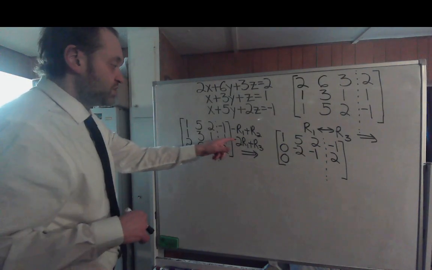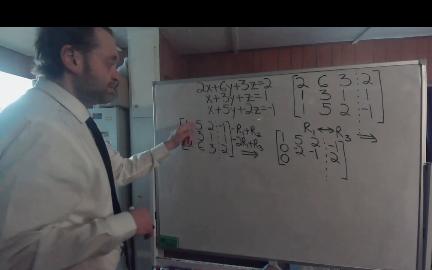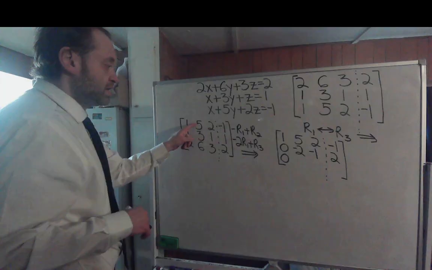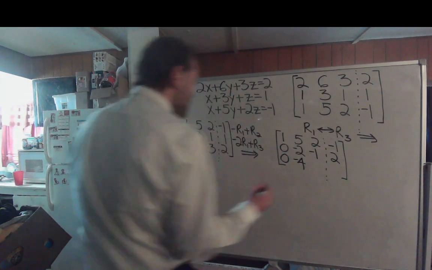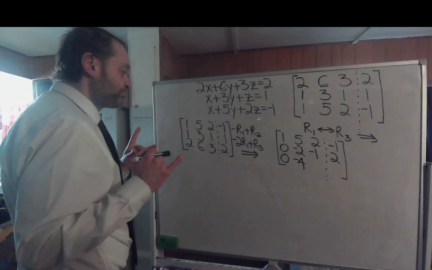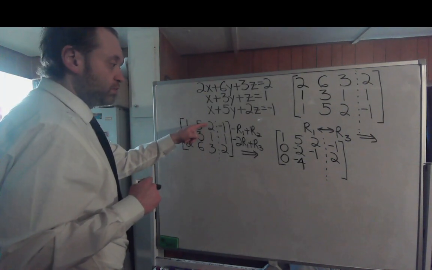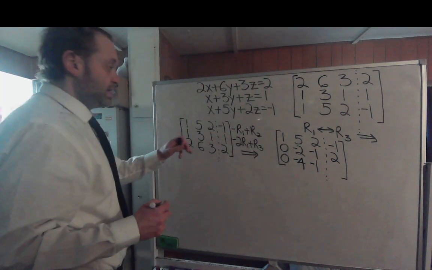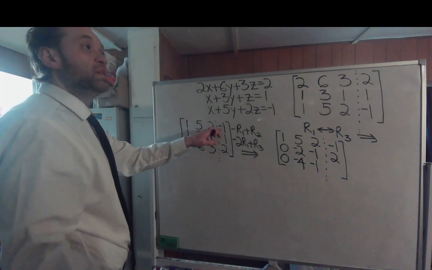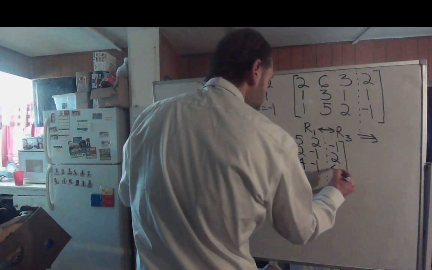Now -2 times 5 is -10, plus 6 is -4. And then if I take -2 times 2, that gives me -4, plus 3, that gives me -1. Then -2 times -1 is +2, plus 2 gives me 4.